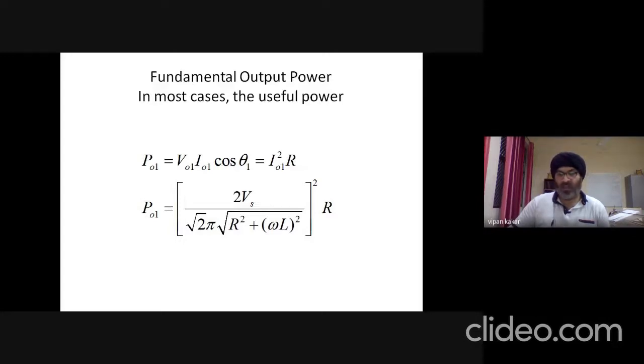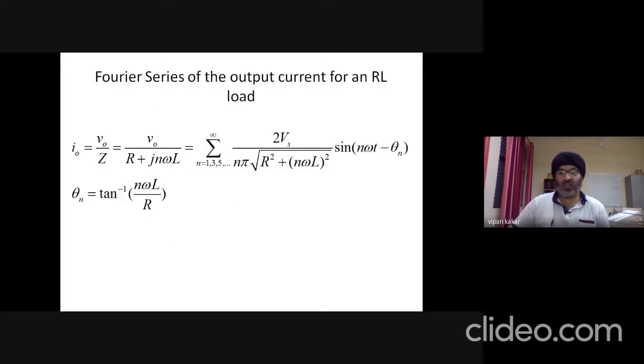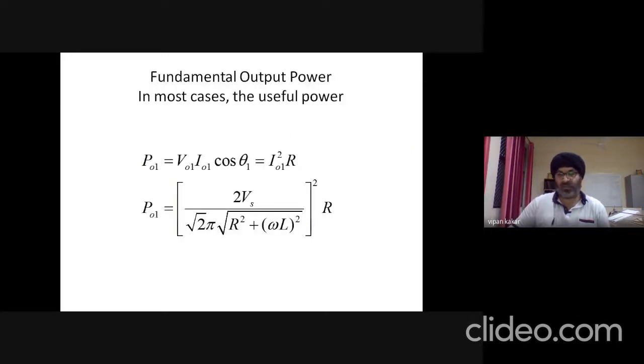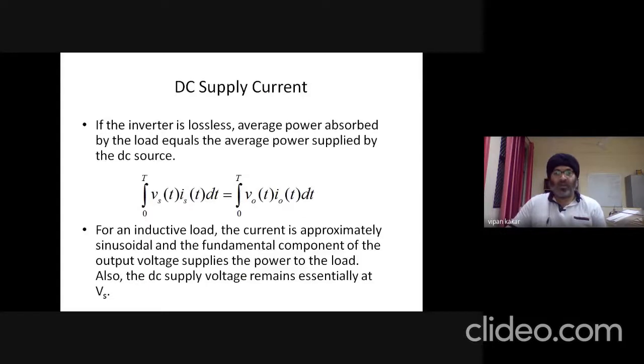But now if we have the inductive load, we can have a presence of power factor cos theta 1, which is equal to tangent inverse of XL divided by R.